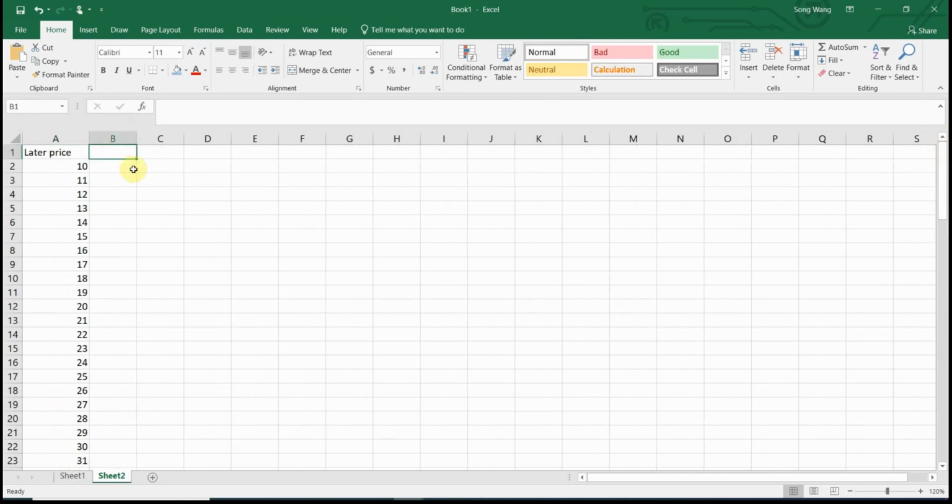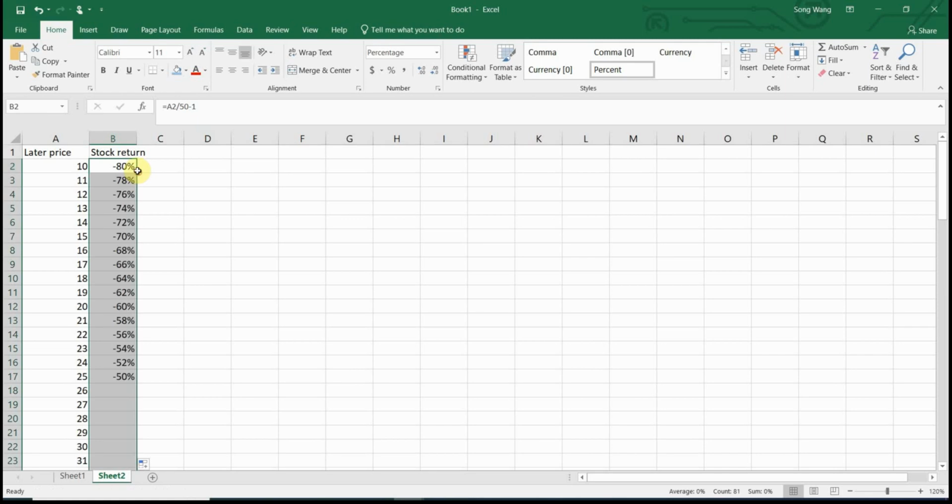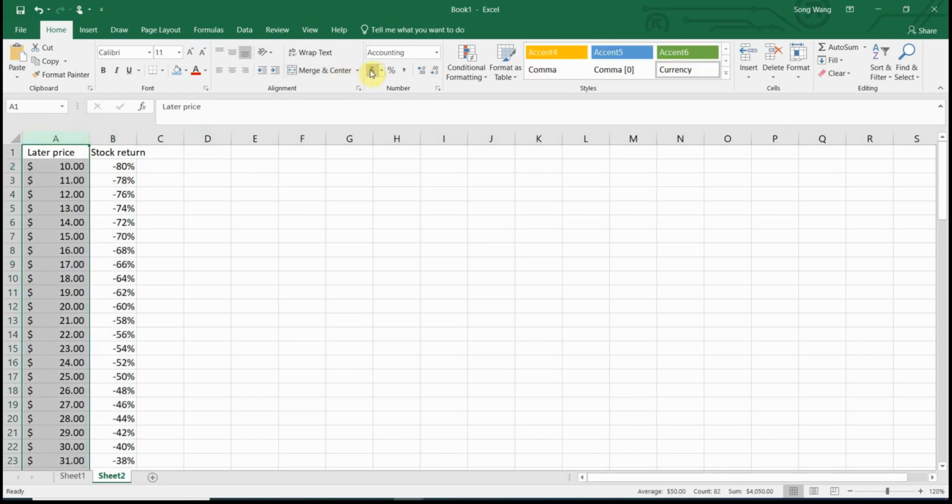And then I want you to calculate the stock return. Stock return is whatever the later price is divided by the earlier price of $50, minus 1, and that should be in percentage, just like this column should be in dollar figures.